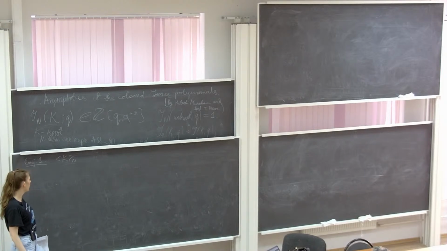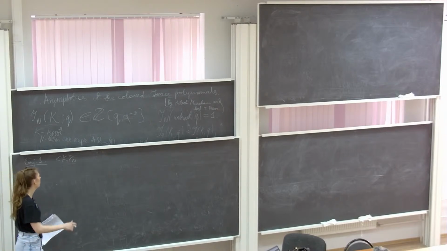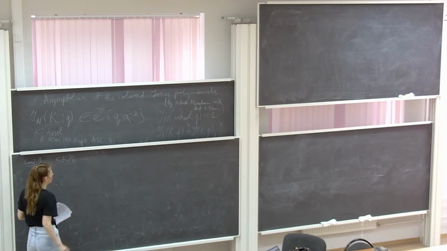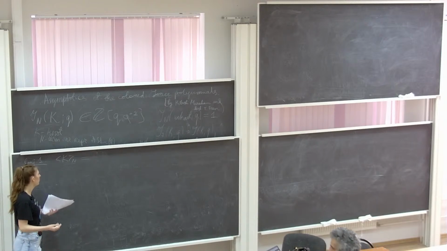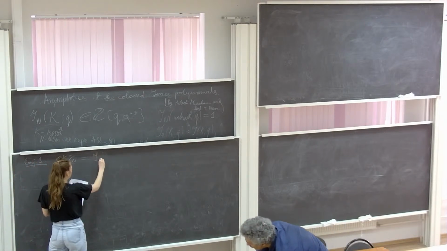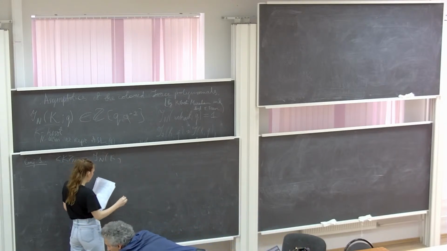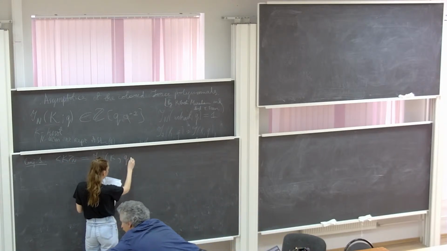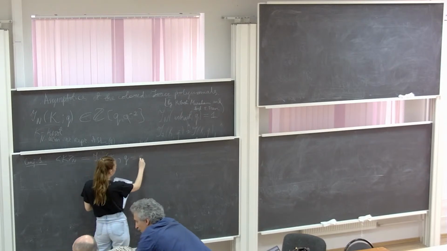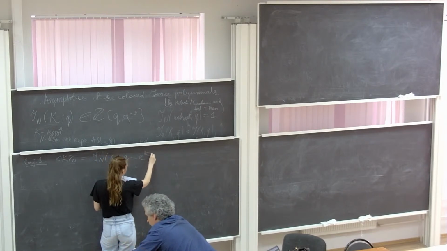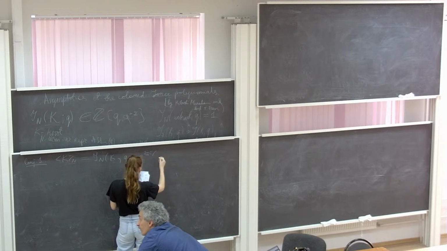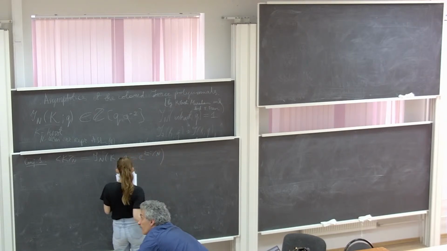It appeared from some quantum dilogarithm and some R-matrix representations of a knot, but later it turned out that it just equals the colored Jones polynomial evaluated at the point Q equals e to the power of 2 pi i divided by n.